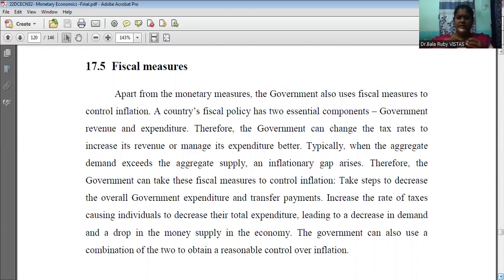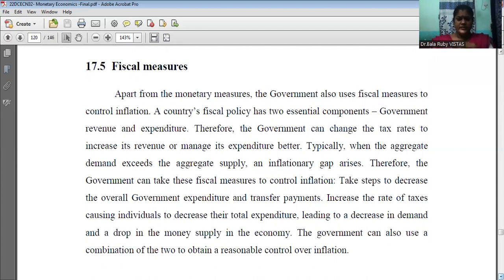Therefore, the government can change the tax rates to increase its revenue or manage its expenditure. So, when the aggregate demand exceeds the aggregate supply, an inflationary gap arises. Therefore, the government can take these fiscal measures to control inflation.